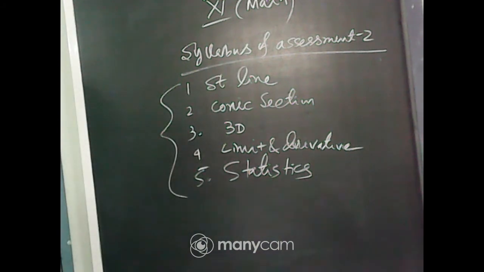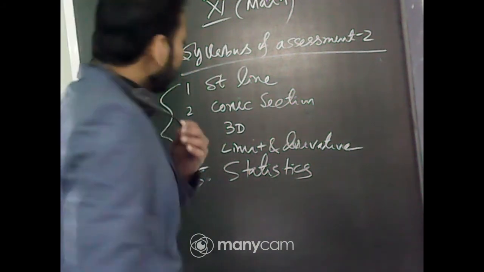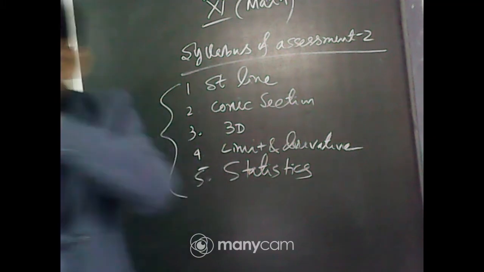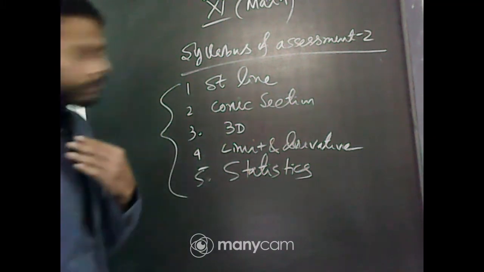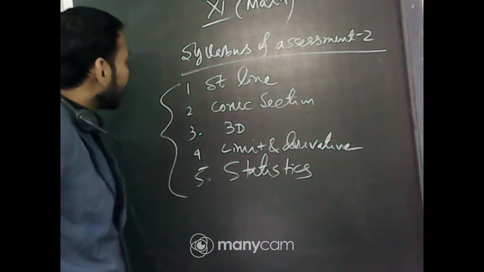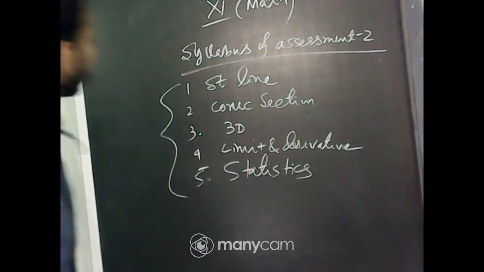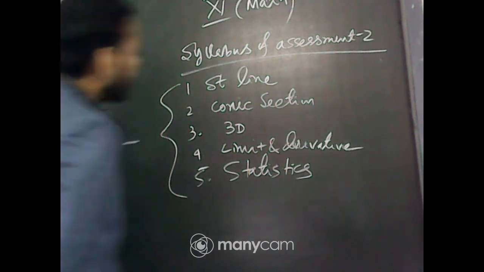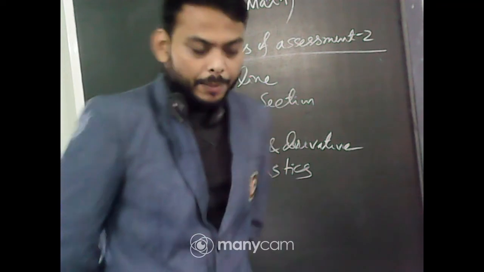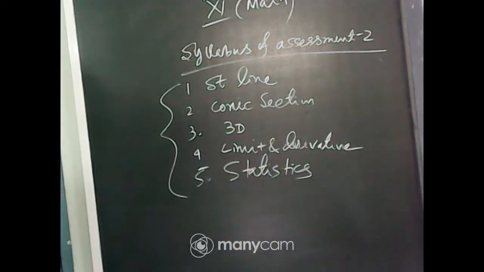Okay, mathematical reasoning is deducted from the syllabus. So these 5 chapters: straight line, conic section, 3D, limit derivative, and statistics. Have you got it?